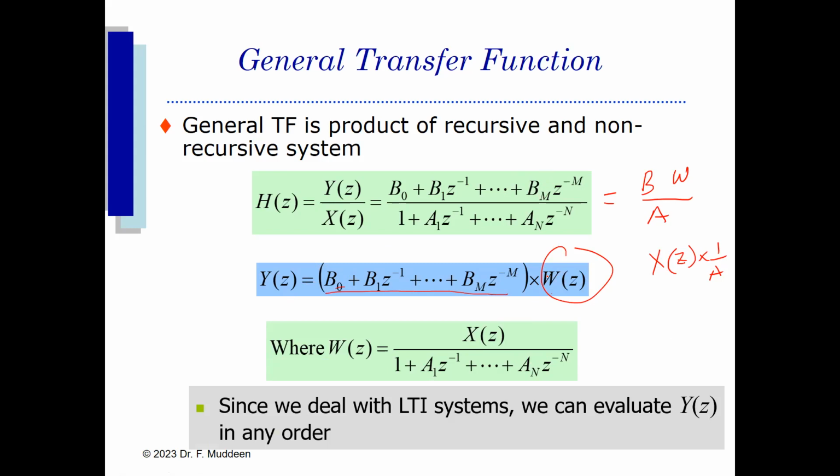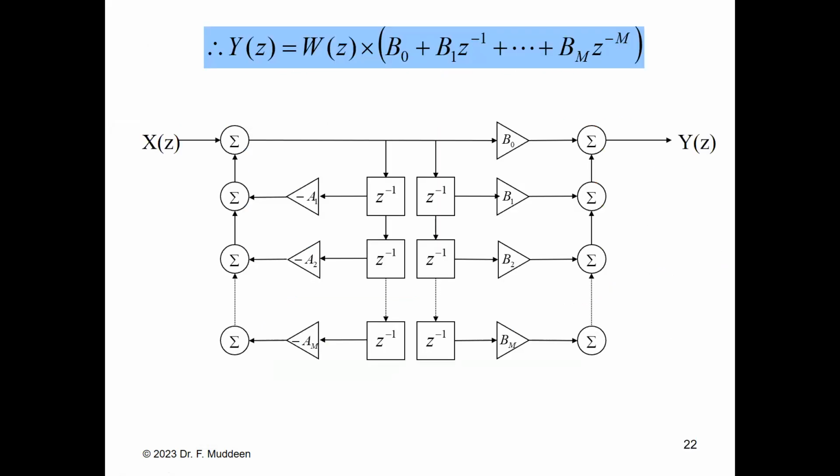I could have Y(z) is W(z) multiplied by B. 2 by 3 and 3 by 2 is the same thing, right? Since it is linear. So notice this is the feed forward, and this is the feedback.